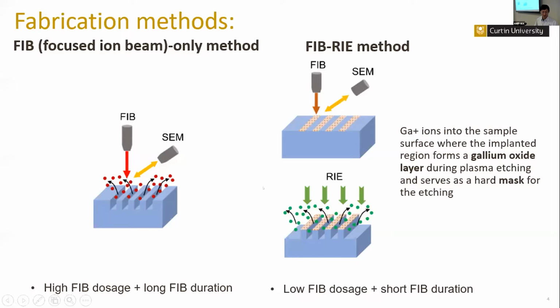Another one is a combination of the FIB and the reactive ion etching, which is to use a low dose focused ion beam to do an ion implantation on top of the silicon substrate. The ion implanted region will serve as a hard mask during the RIE process. So the unimplanted region will be removed during RIE and form a reverse pattern compared to the FIB-only method.